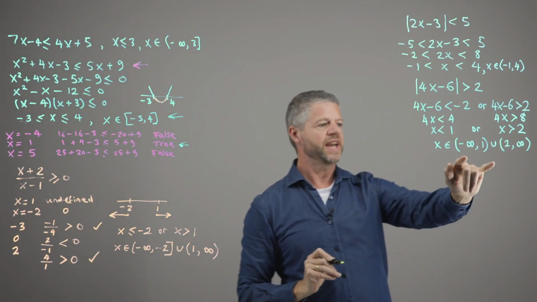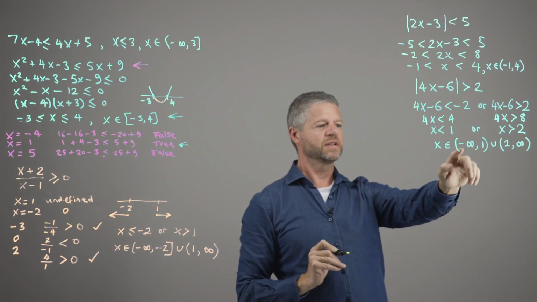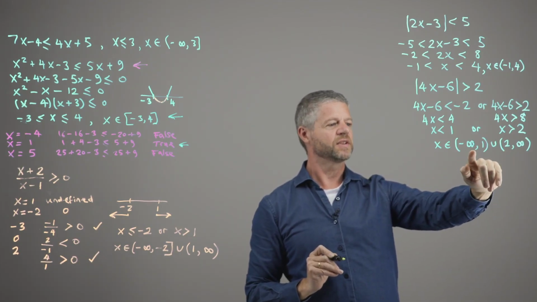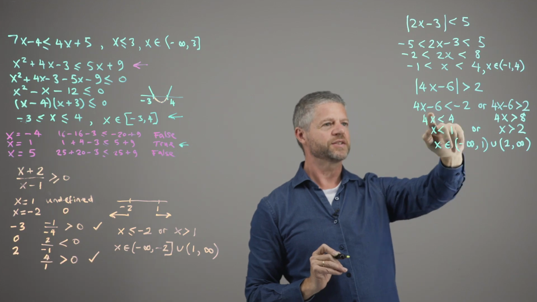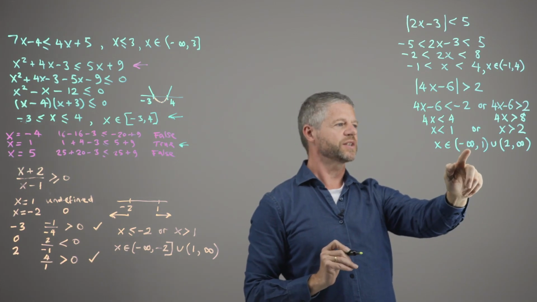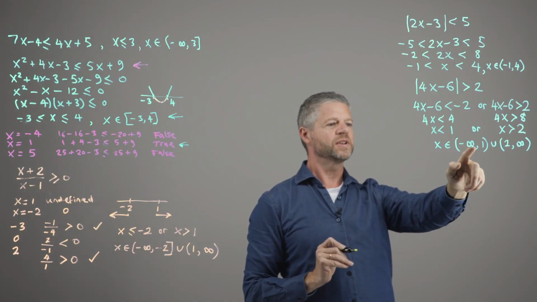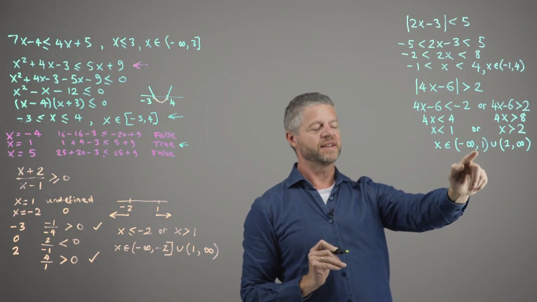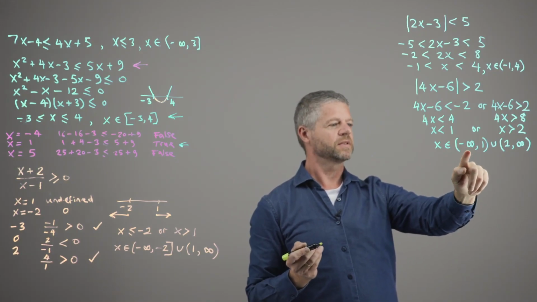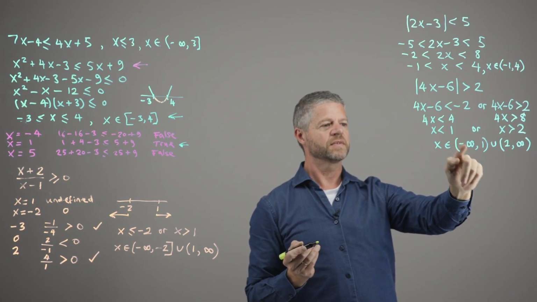And again, we could check with numbers in either one of these intervals and check that our original inequality works. So for example, something that's in between, in this interval here, say 0 is in this one.